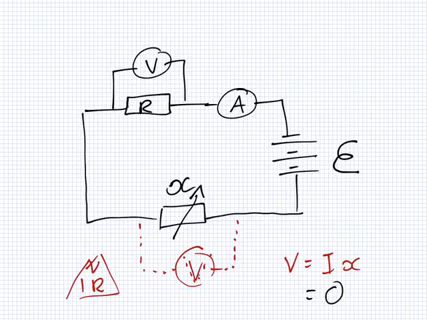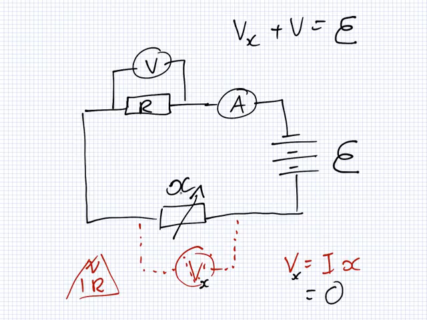Now remember that this voltage, let me just call it Vx actually, Vx. That voltage plus this voltage should equal total, which in this case is E. So if I make the X bigger, what happens to the Vx? It gets bigger. Yeah. So then what happens to the other voltage? Smaller. Yeah, so this one will get smaller.